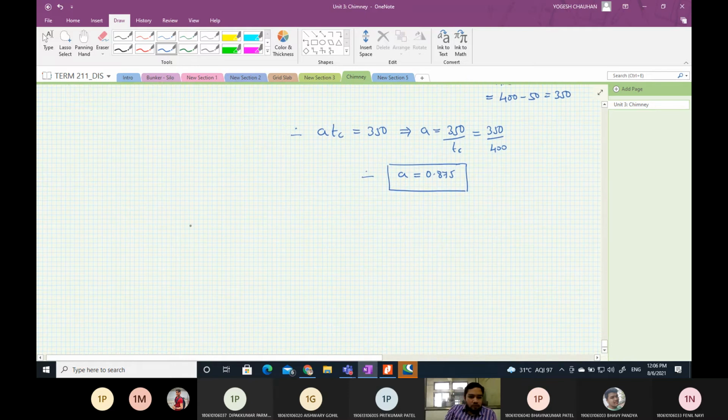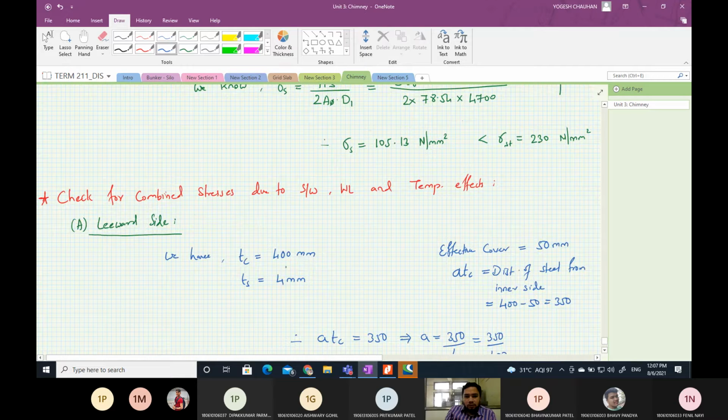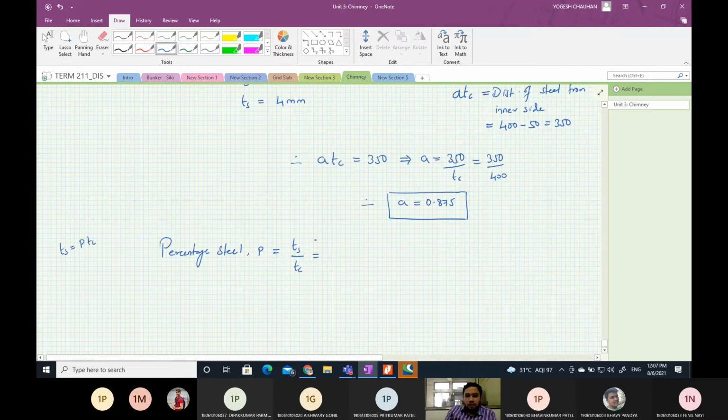Then the percentage of steel. We know that Ts is equal to P times Tc, so we can write P is equal to Ts by Tc, and Ts is 4 mm and Tc is 400, 4 by 400, which is equal to 0.01.